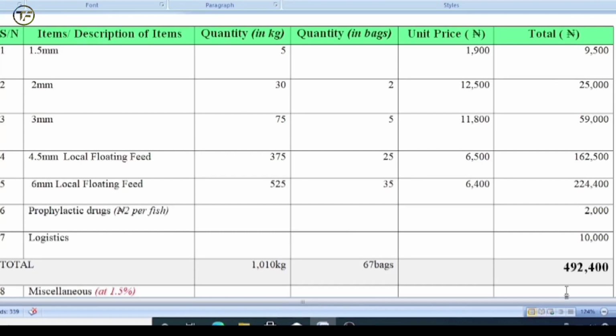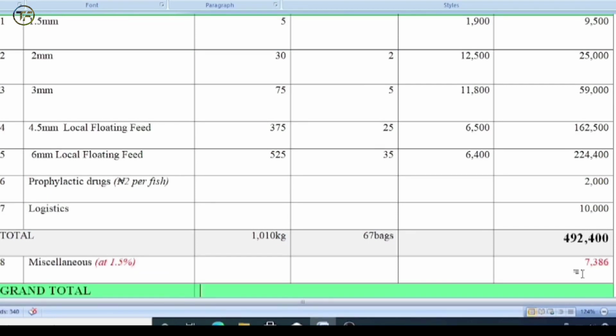So when you do that calculation, 492,400 multiplied by 1.5%, you are going to get 7,386 naira. Now adding that to the total you got initially, you are going to have 499,786 naira.